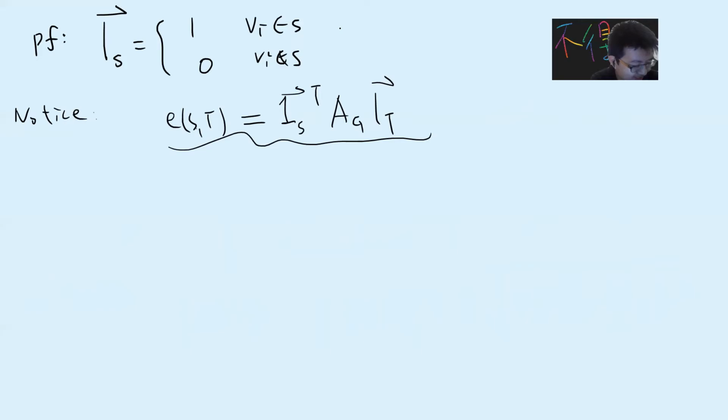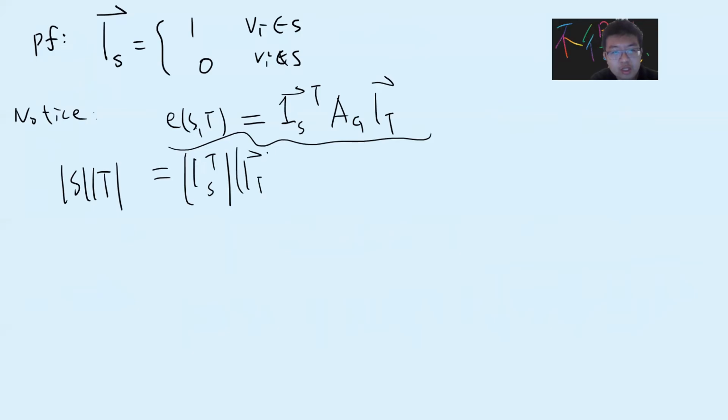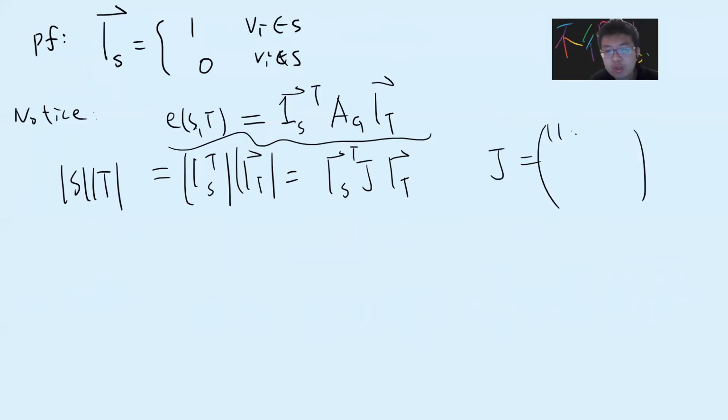Now notice what |S||T| is. It can be written as the product of the lengths of 1_S and 1_T, but you can also write this as 1_S^T J 1_T, where J is the matrix of all ones.